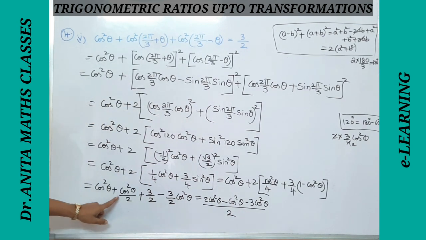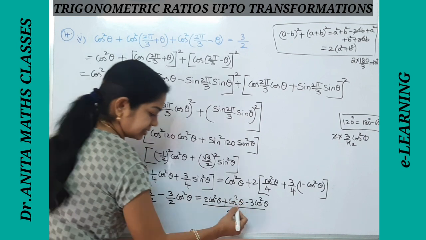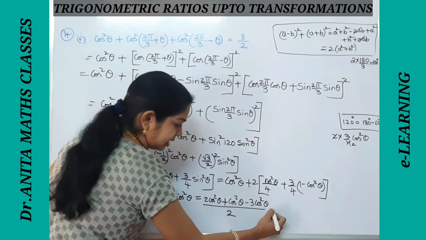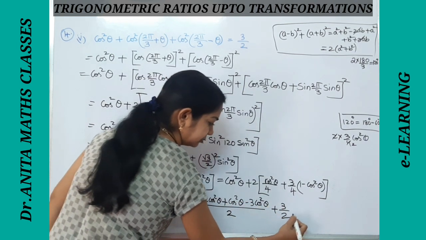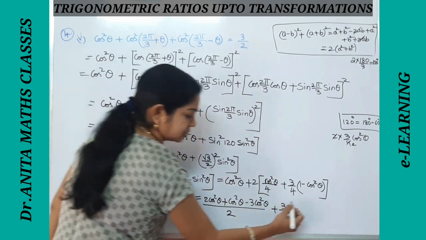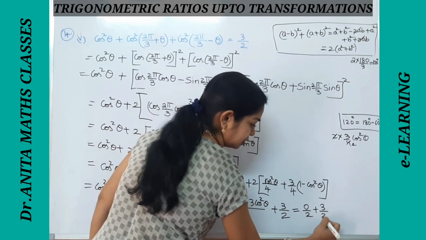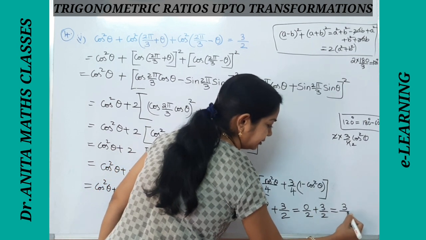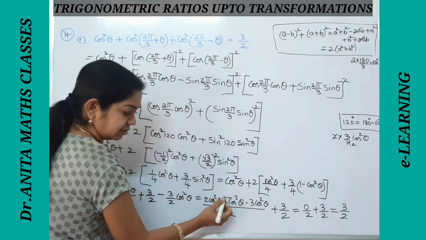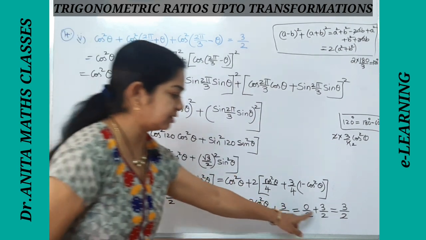Right, this is plus cos square theta once and minus 3, again we have 3 by 2 also here, which I kept aside. So this comes to 3 cos square minus 3 cos square, that is 0 by 2 plus 3 by 2. So that is simply 3 by 2. This comes to 0 upon 2 plus 3 by 2, that is 3 by 2.